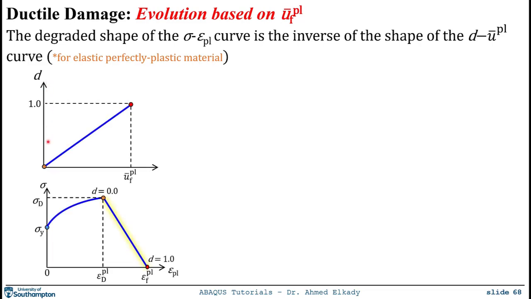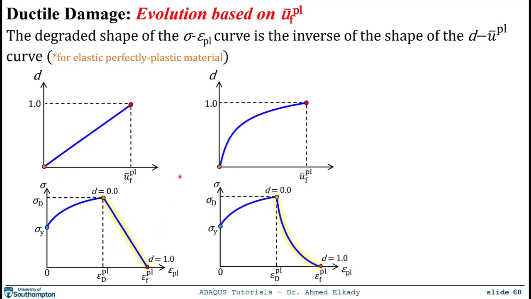So if you define an elastic, perfectly plastic material, and you defined a linear softening curve like this one, then your stress strain behavior and similarly your global force deformation behavior will drop linearly as shown over here. So it's the inverse of your damage versus plastic displacement shape. This one is increasing linearly, this one is decreasing linearly.